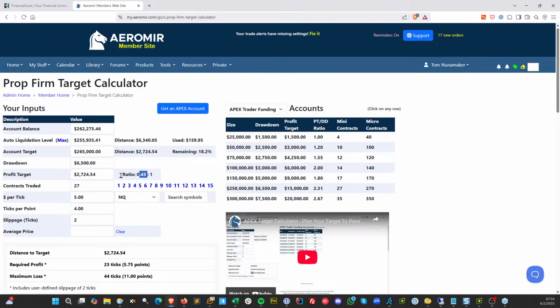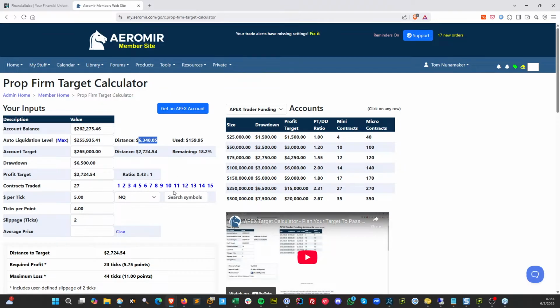And this ratio is the profit target divided by the available drawdown that you've got. Now 250 starts at a 2.31 profit target divided by drawdown. And I've gotten it down now to 0.43. So basically I've got more than double my profit target and drawdown remaining.